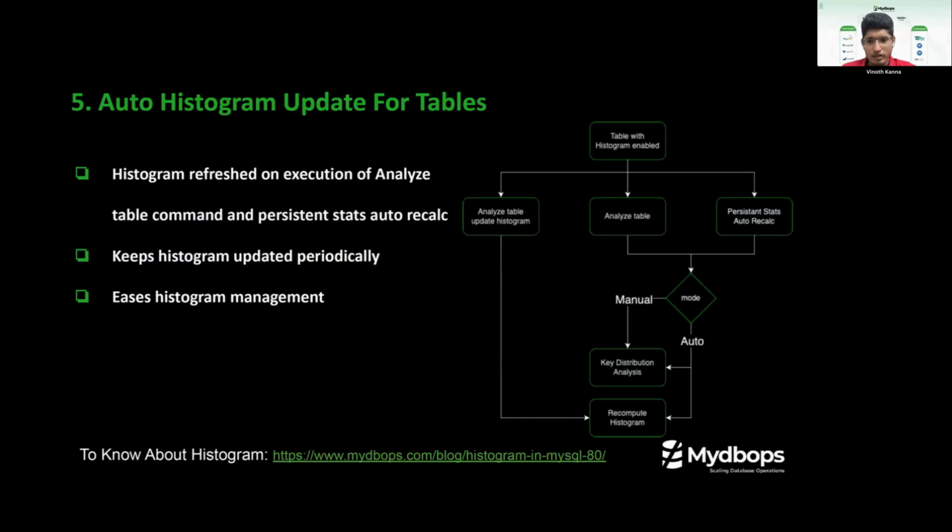Now with this addition, histograms can have more profound effects on performance, because whenever the persistent stats auto recalculation is triggered, your histogram is also updated. And similarly, whenever the file is opened, your histogram is updated. So this eases histogram management.